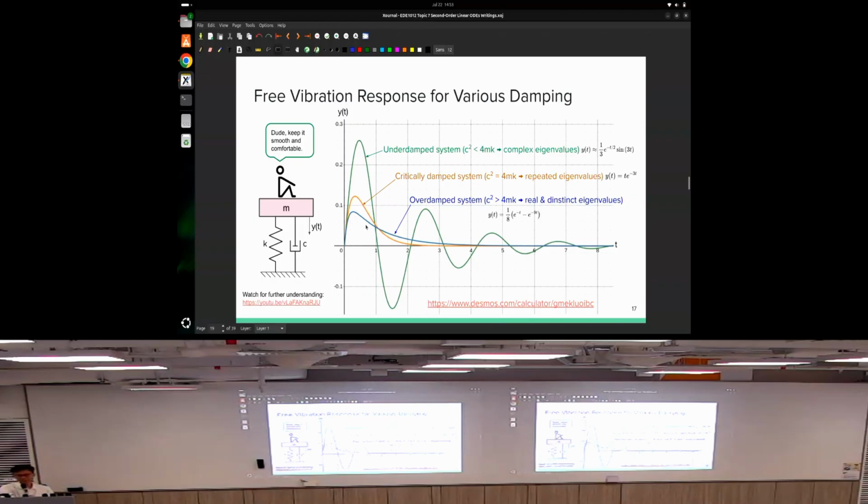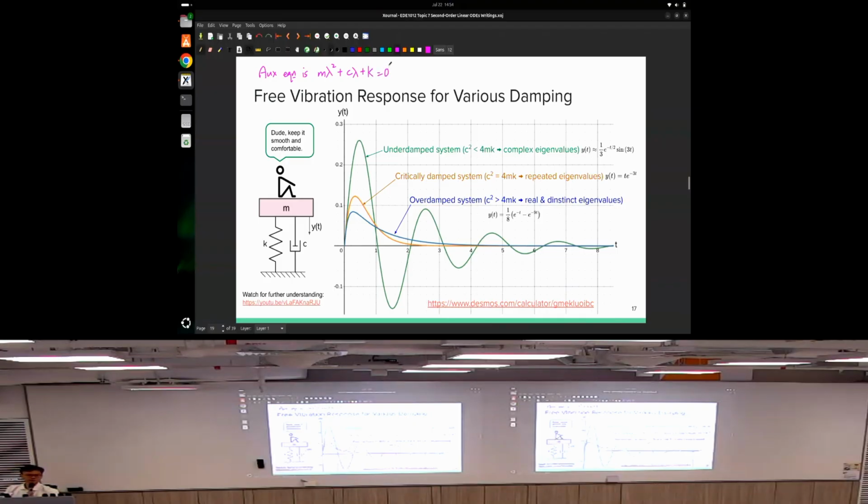So what is the deal with the various values of damping here? When you have low damping such that c squared is less than 4mk, you get sinusoidal terms, which means vibration. Why is it c squared less than 4mk? Your auxiliary equation generally is m lambda squared plus c lambda plus k equals 0.